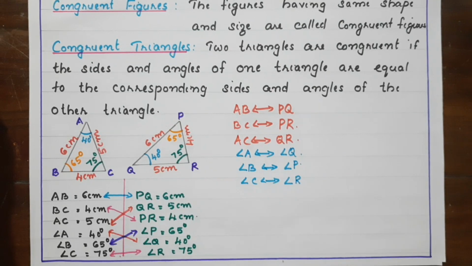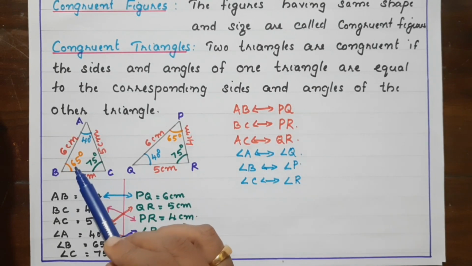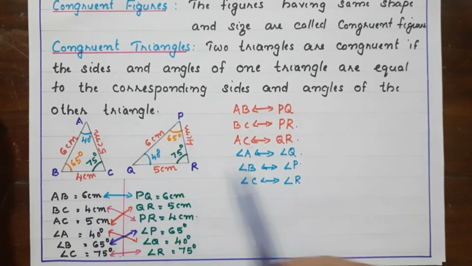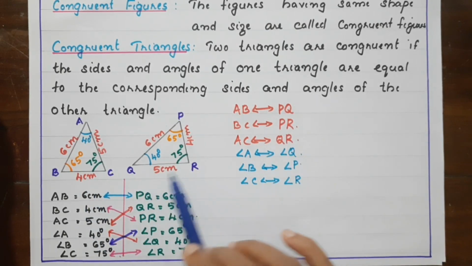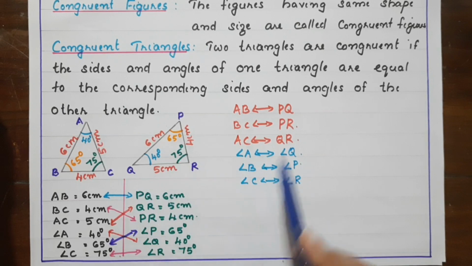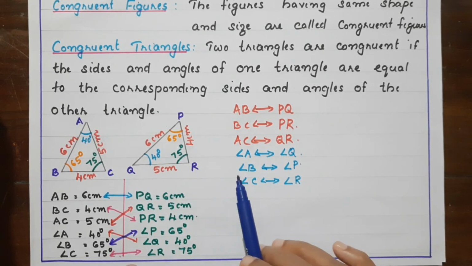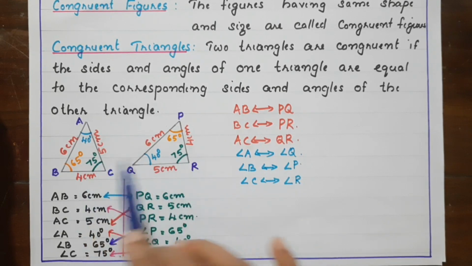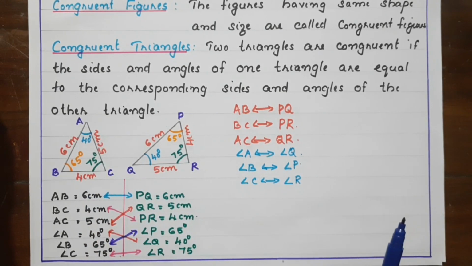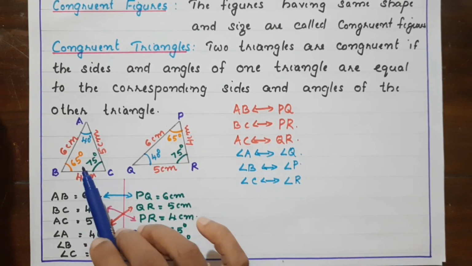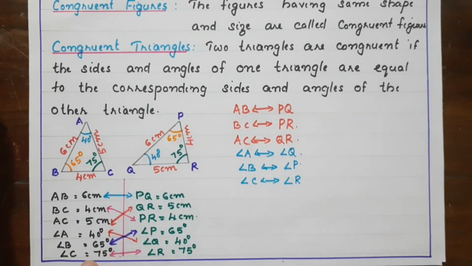So we got three sides and three angles of first triangle are equal to the corresponding sides and corresponding angles of other triangle. So what we can conclude? We can conclude these two triangles are congruent. Okay children? These two triangles are congruent.